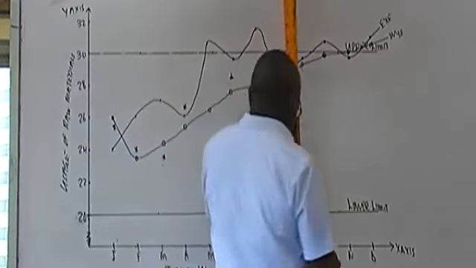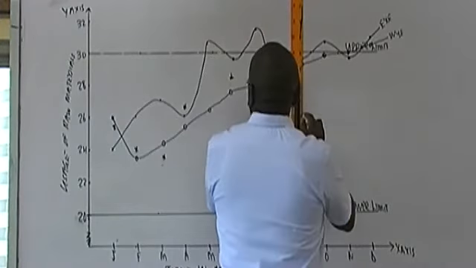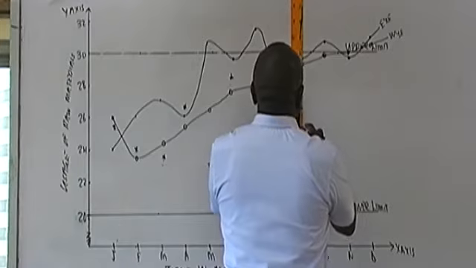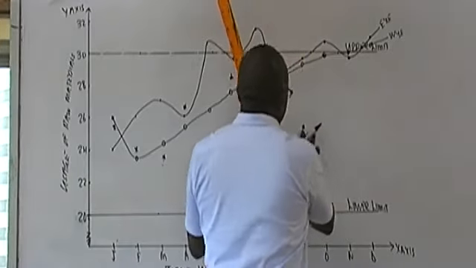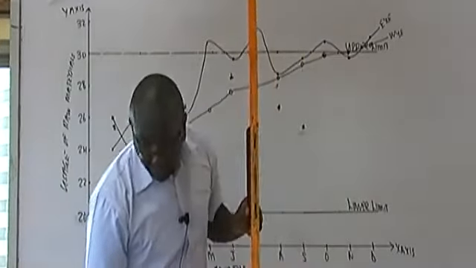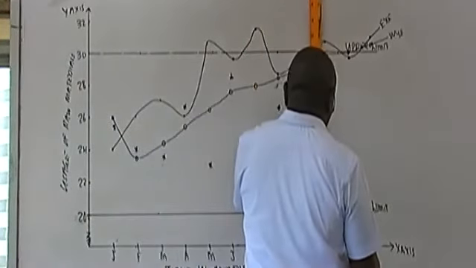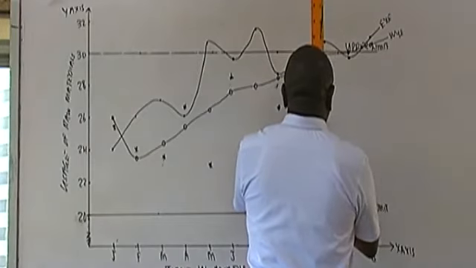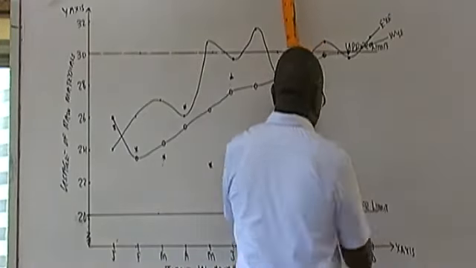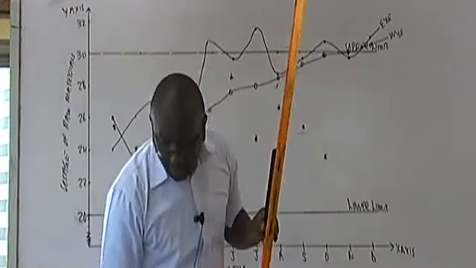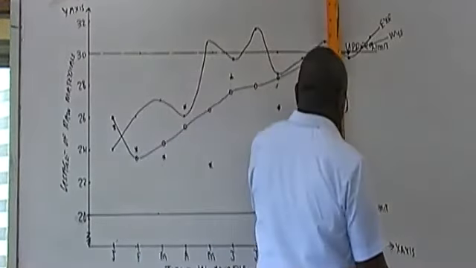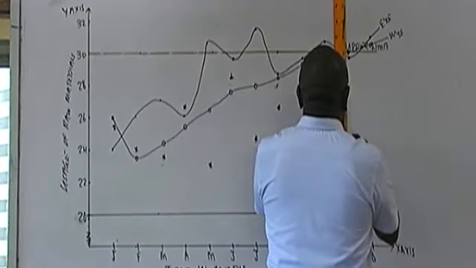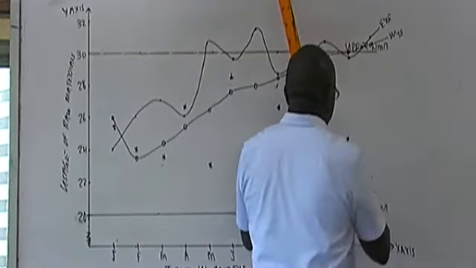25 to 50. 25 is here. 250 somewhere here. 23 to 50. 24, so 23. And then 24. This is 24. Somewhere there.